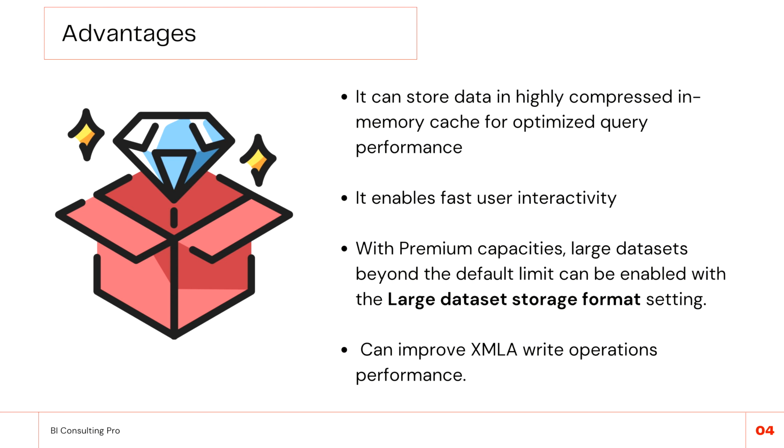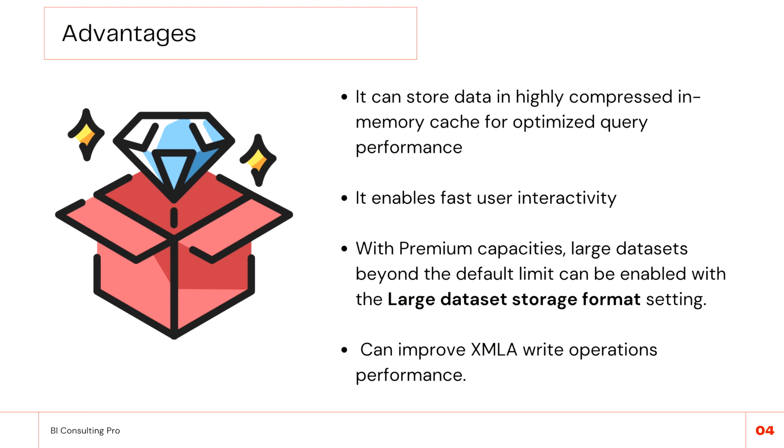Now the question comes, what are the advantages of large datasets in Power BI Premium, or why should we use them? Basically, Power BI datasets can store data in a highly compressed in-memory cache for optimized query performance, and it also enables fast user interactivity.